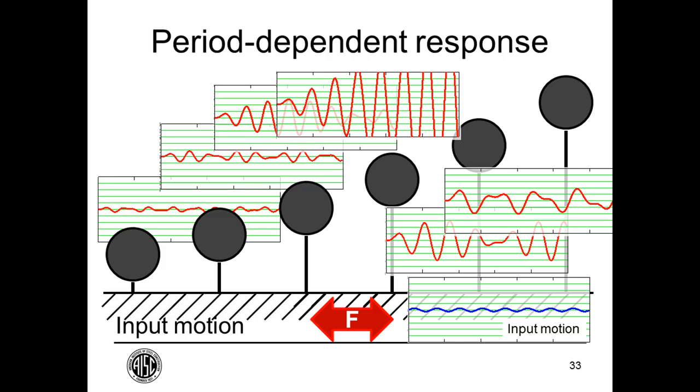The oscillator that has a very short period on the left is not very close to the period of the ground motion. But then as we get towards the middle, we're very close to the period of the ground motion, and so there's a resonance between the input motion and the period of the oscillator. Then as we move further right to the other oscillators that are longer period, we get out of that resonance range and the response is more controlled.